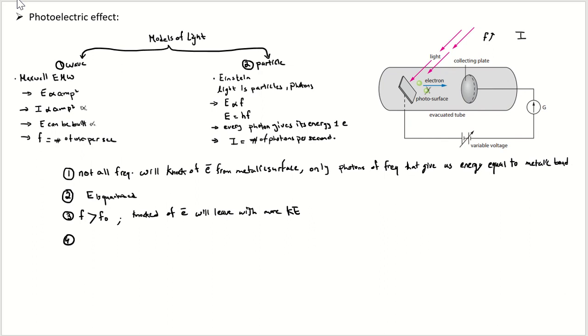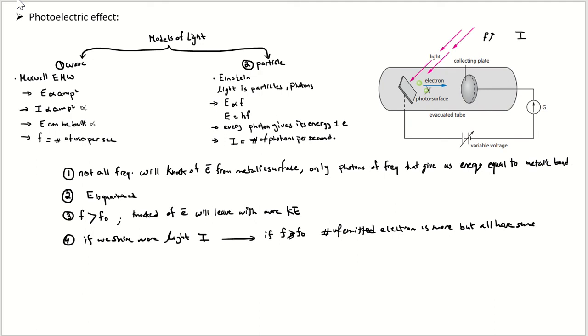And the fourth thing is that if we shine more light, which means more intensity or more brightness, then if f is equal to or more than the threshold frequency f naught, the number of emitted electrons is more, but all have the same kinetic energy.